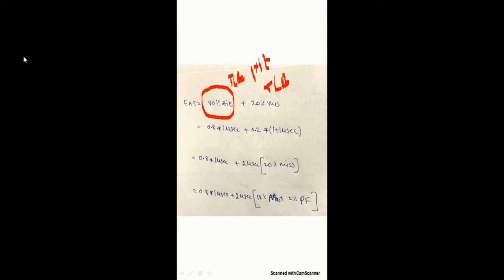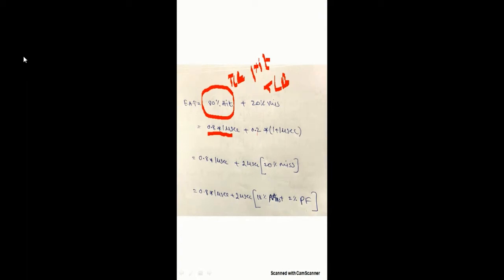Now, for a hit, it is taking only 1 microsecond. So for 80% I write 0.8 into how much time? 80% of the time it is taking only 1 microsecond. This is understood, right?